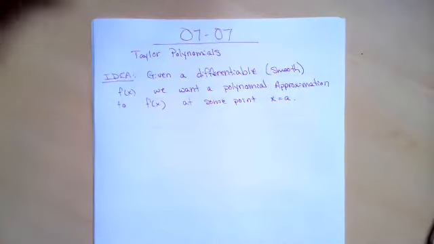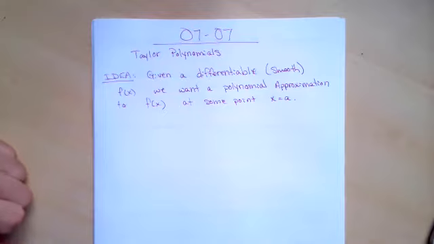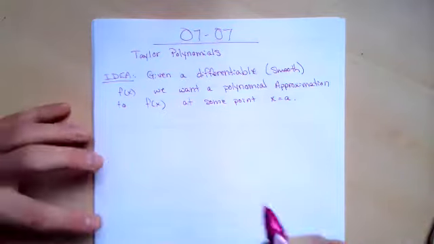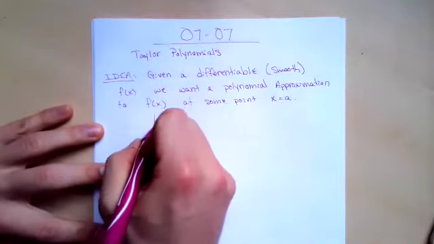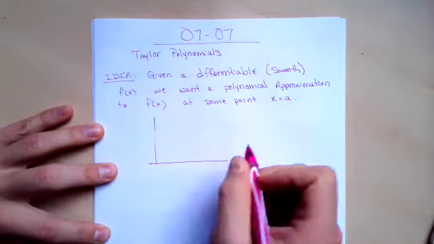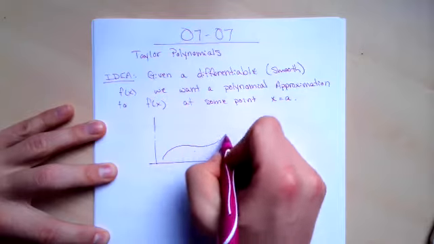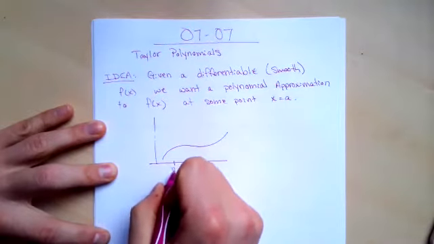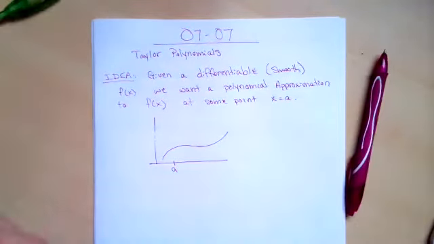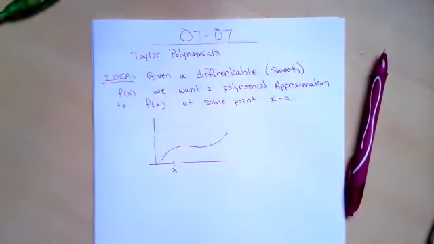We did this in Calc 1. We did degree 1 polynomials, our linear polynomials, linear approximations. All those are essentially the same thing, where we would have some function, and then at some point a, well, what do I want? Maybe the function is hard to compute, right?